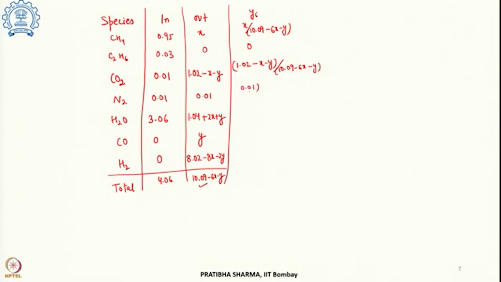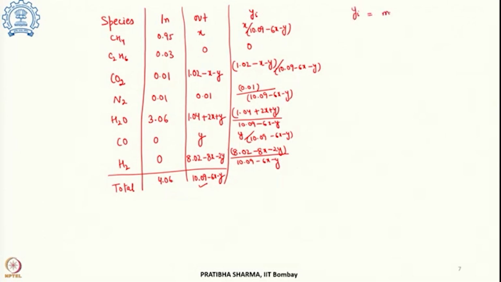For nitrogen again 10.09 minus 6x minus y in the denominator, and 1.04 plus 2x plus y is the numerator for water, divided by 10.09 minus 6x minus y. Same for carbon monoxide, y divided by 10.09 minus 6x minus y, and for hydrogen 8.02 minus 8x minus 2y divided by 10.09 minus 6x minus y. So, this is the mole fraction, Yi is mole fraction.